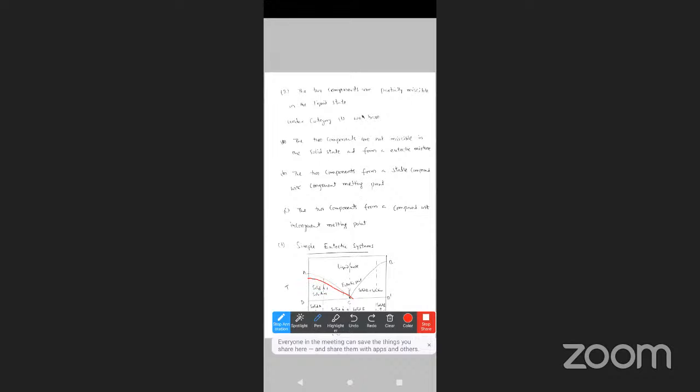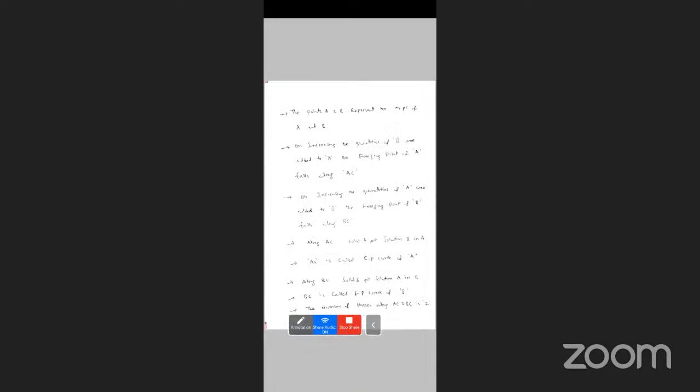Now along the AC curve, solid A is in equilibrium with the solution of B in A. Along this curve, solid A is in equilibrium with the solution of A in B. And AC is called the freezing point curve of A. The AC curve is a freezing point curve.